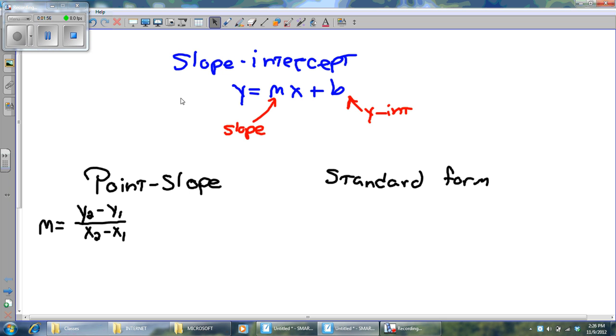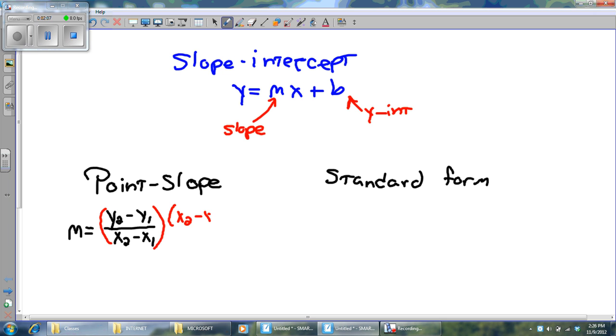Do you know what would happen if I multiplied both sides of the equation by the denominator? If I multiplied this guy by x sub 2 minus x sub 1 over 1, and of course if I do it to one side, I have to do it to the other, x sub 2 minus x sub 1. Well, on the right-hand side, the denominators would cancel out, and I'd be left with y sub 2 minus y sub 1.